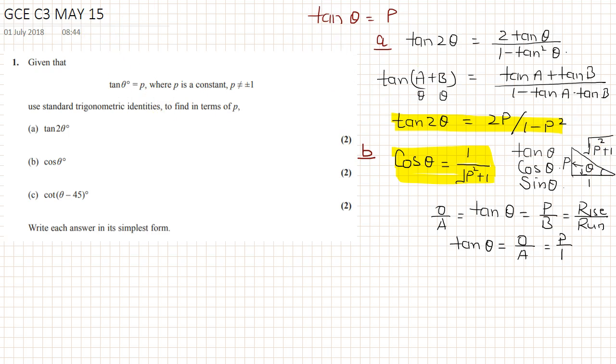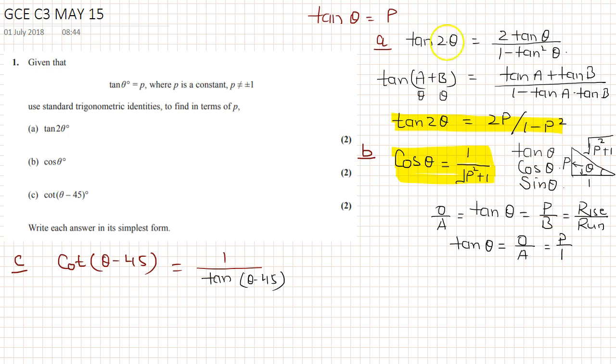Now part C is cot of theta minus 45. We don't have any direct formula for this, so let's convert it into 1 over tan of theta minus 45.